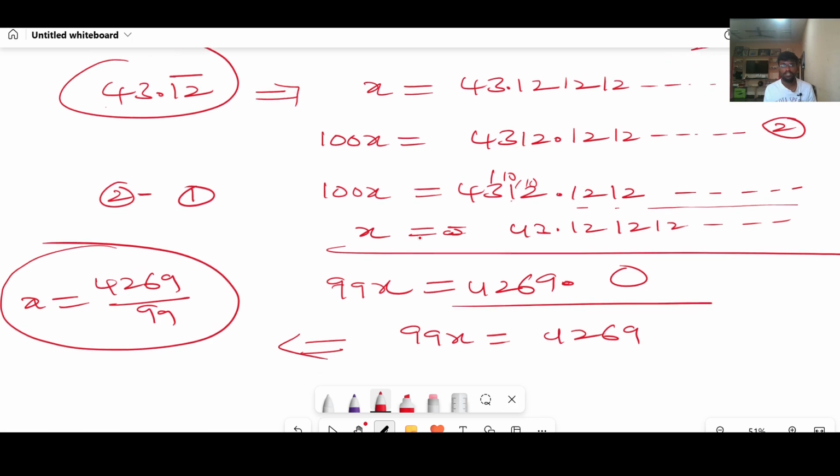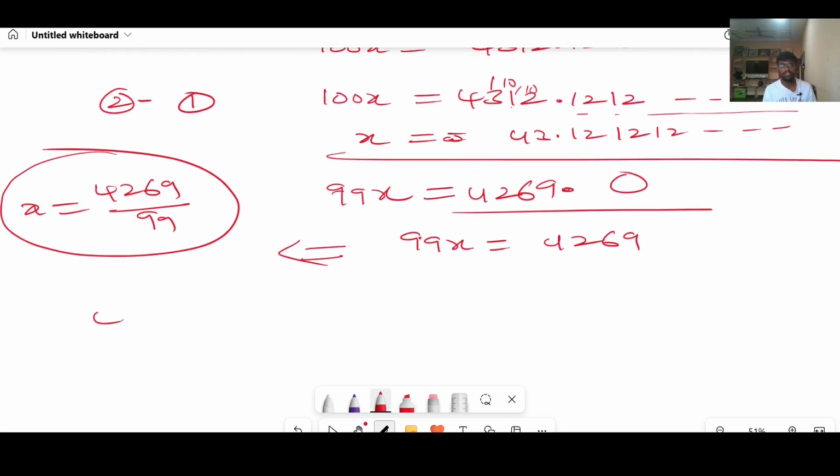And then next I can show one direct step. For 43.12 recurring, directly take the total number 4312 minus, look at here, 4312 minus how many digits are there before the decimal? 2 digits, right? What is that number? 43.